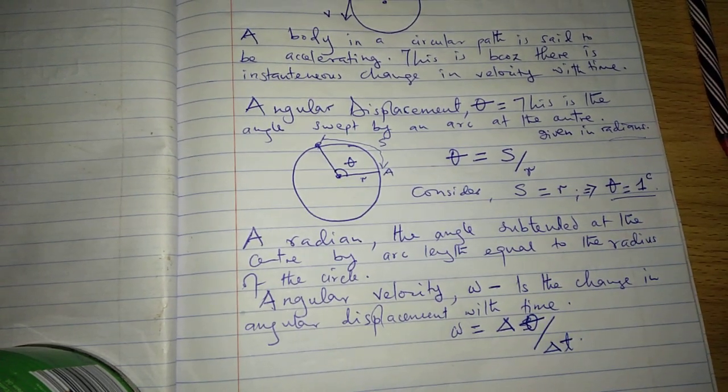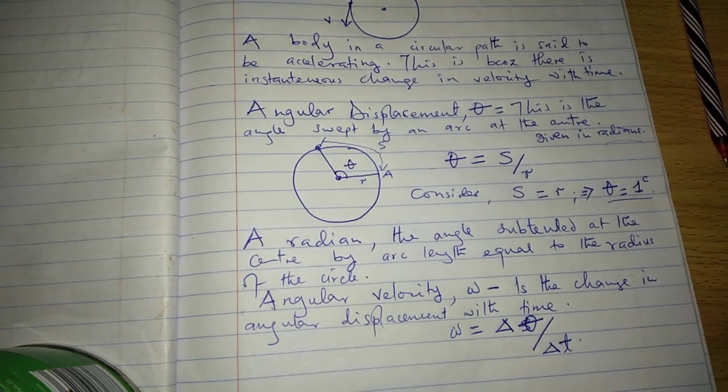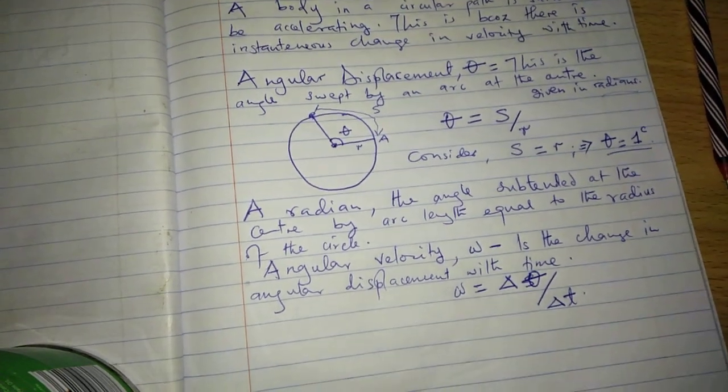So angular displacement over time gives us angular velocity.